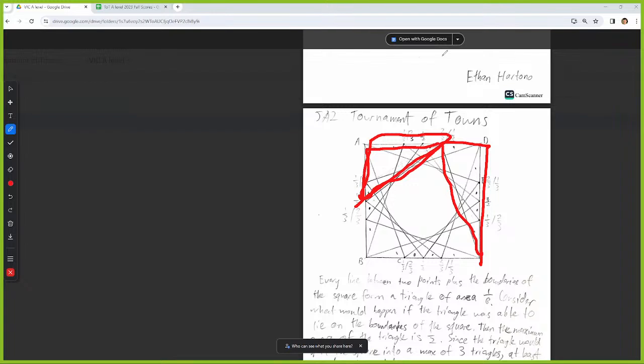Why is it 1/6? Because it's base times height again, right? So you have 2/3 times 1/2. What's 2/3 times 1/2? Half of 2 of something is just 1 of something. So there's 1/3.